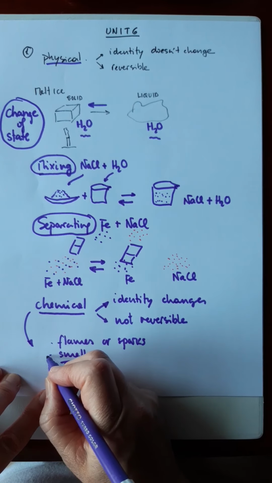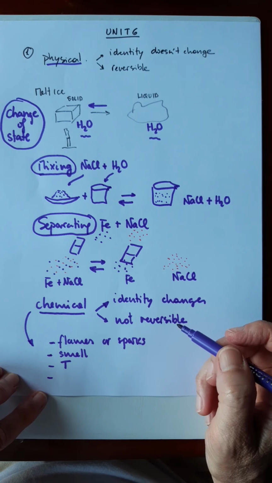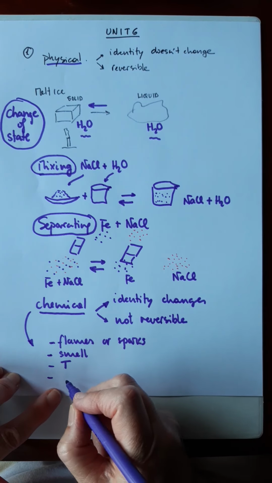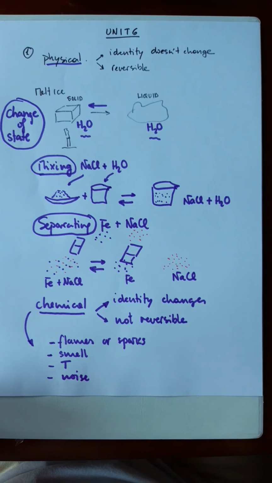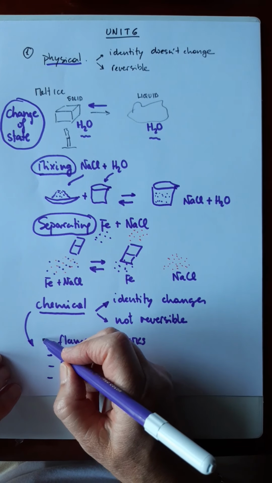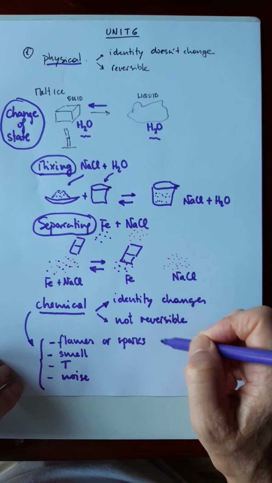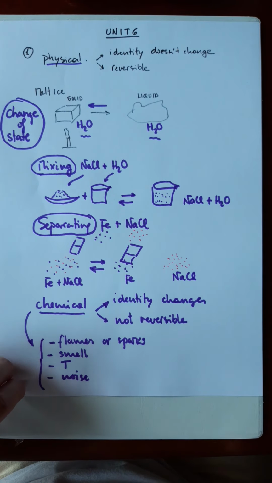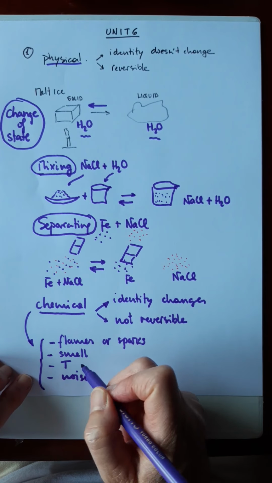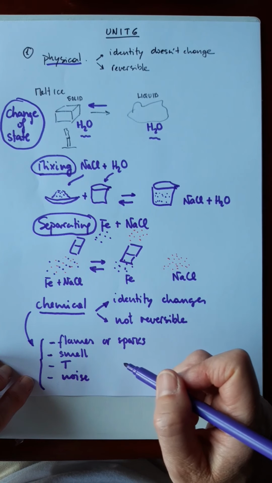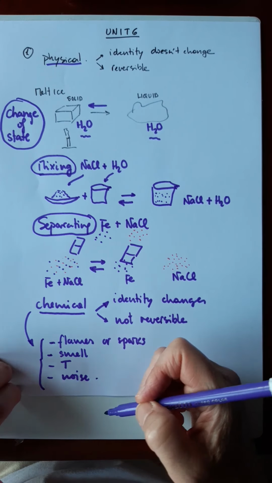And sometimes when a chemical change happens, we can hear a noise or explosion, bang, something like that. But not always. We don't see these things always. Sometimes we see flames or sparks, a different smell, changes in temperature, increasing or decreasing temperature, or a noise sometimes.